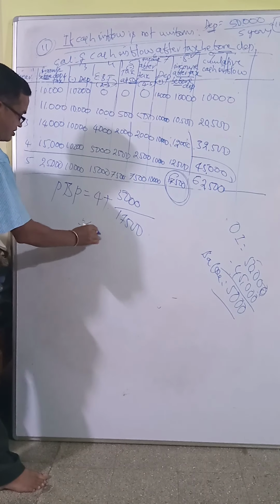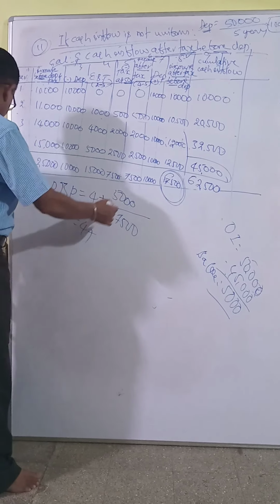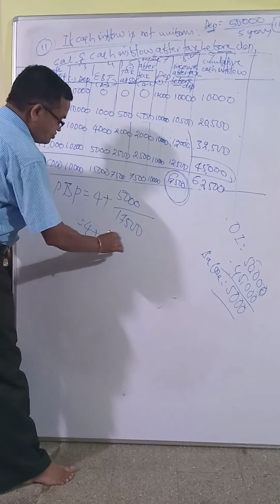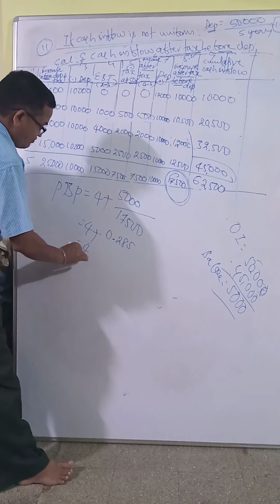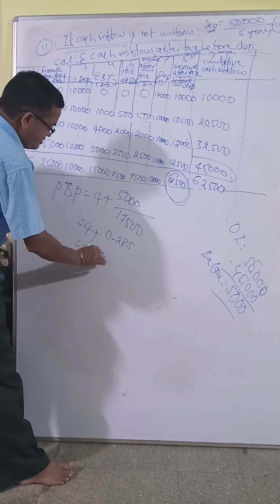Now 4 years plus 5,000 divided by 17,500, you get 0.285. Take your calculator and check it later. So 4.285 years.